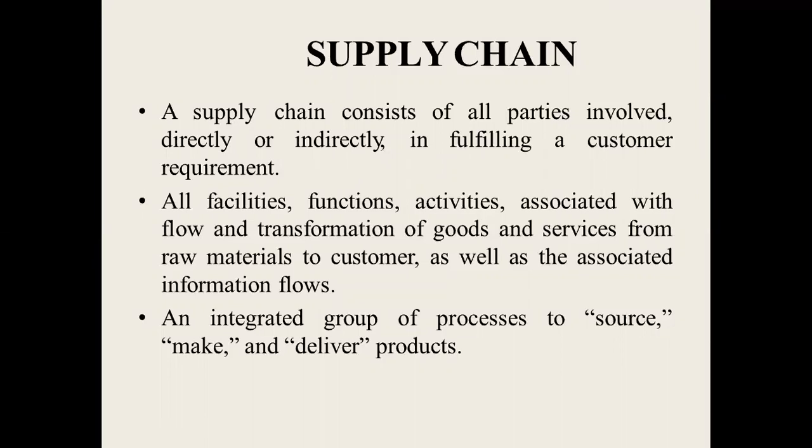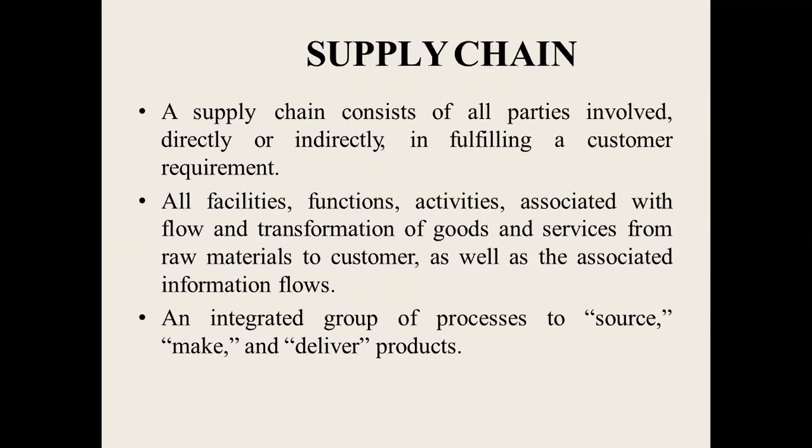So it starts from gathering raw materials, bringing them into your factory, then the production process, then putting those finished goods in your warehouse. After that, there will be packaging, some modification, labeling, and other formalities.